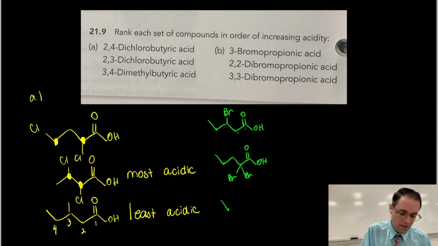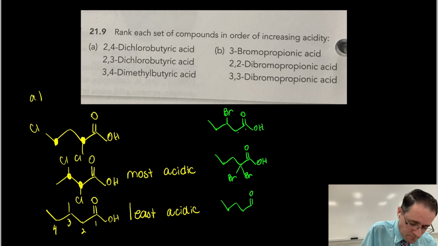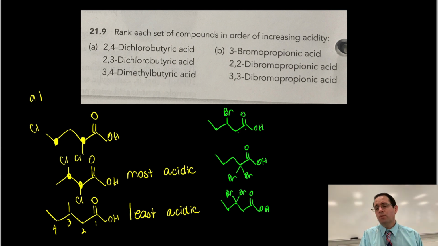And then 3,3-dipropanoic acid. Okay, so you want to look at location as well as number. So first of all, we're not comparing bromine with chlorine or anything like that. We're still dealing with a 5-carbon chain carboxylic acid. So the only difference is the number of halogens and their location.